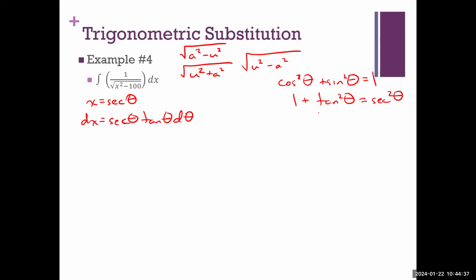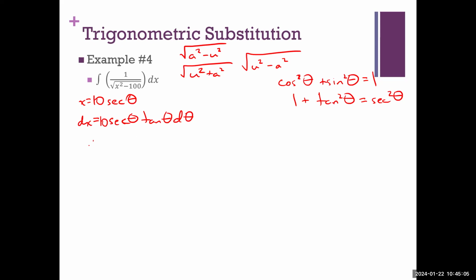So if we do x equals secant theta, how do we feel about going forward with that? Last chance to change your mind. Okay, let's try the 10. So let's see what happens if we make this substitution.